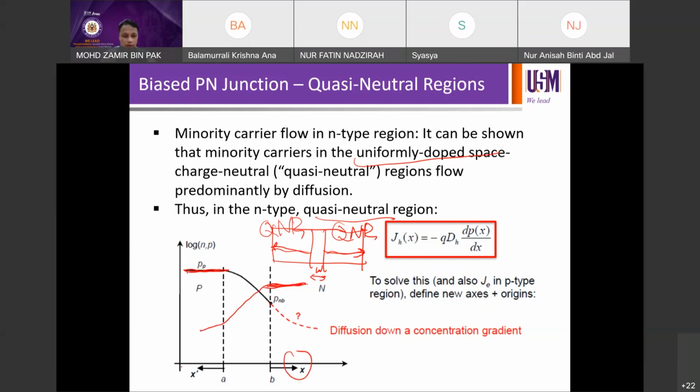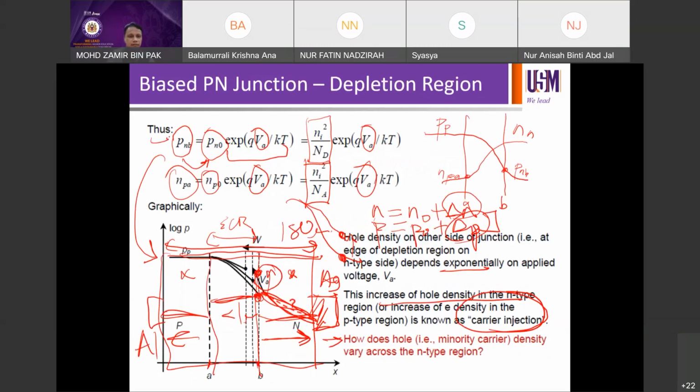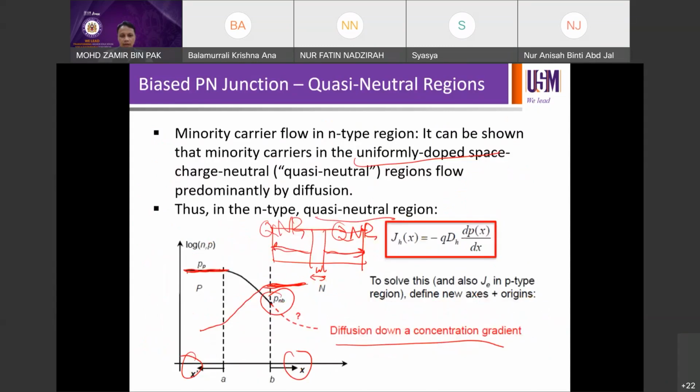So you have to go into the QNR. We should expect diffusion down a concentration gradient as well. You have done this calculation where it's given by n0 exponential of qV over kT, and we should expect further diffusion of the carriers across this region, across this QNR.